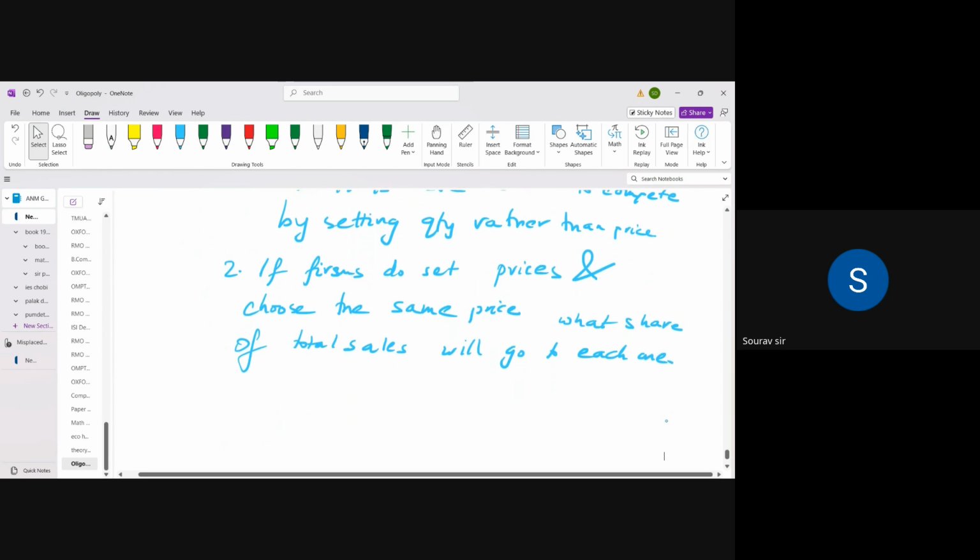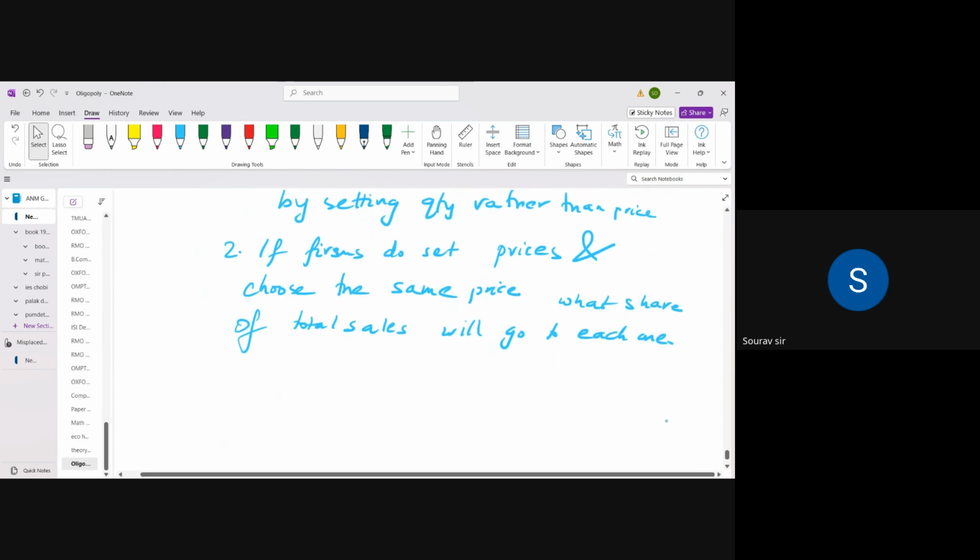We assume that sales will be divided equally among firms, but there is no reason why this must be the case.